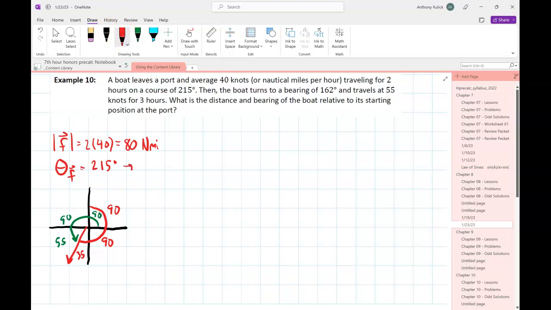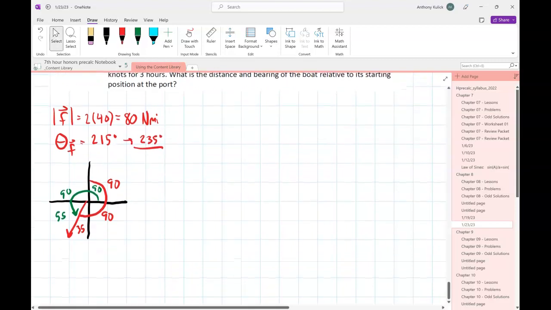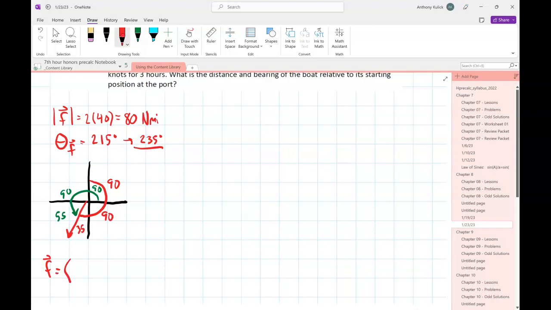So 90 plus 90 plus 55 is 235. So I can resolve vector f into the standard or component form by doing the magnitude of f times cosine of my standard position angle, comma, the magnitude of f times sine of my standard position angle. Everybody's okay there?